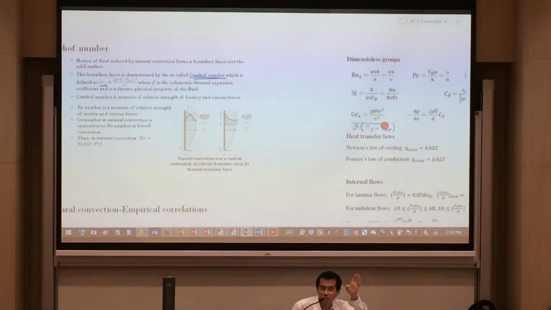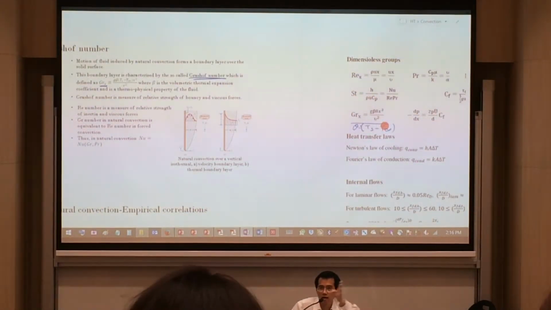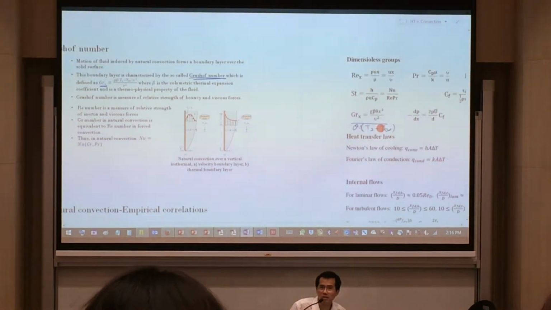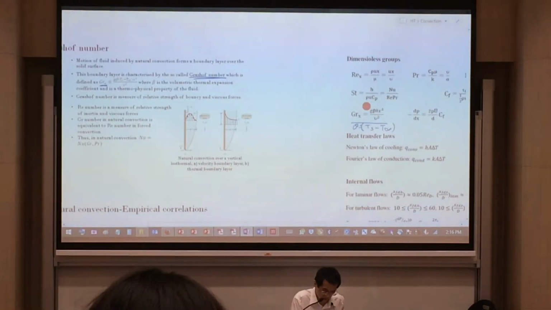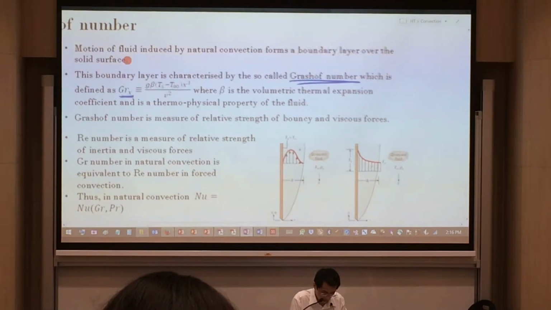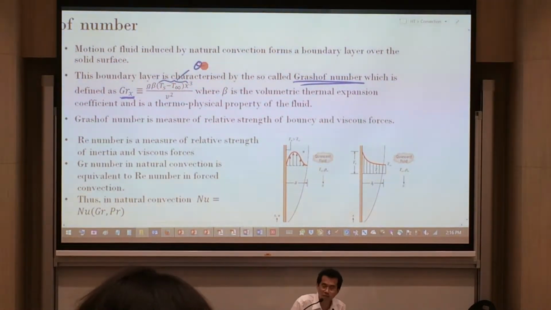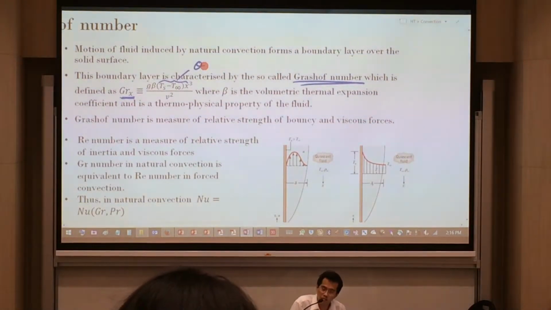Is it Ts, the surface of the plate, or T infinity, your quiescent fluid? If your quiescent fluid is hotter than the plate, you're going to use T infinity minus Ts. So generally we put theta as that symbol to replace this part, and it is written as theta in your exam data.